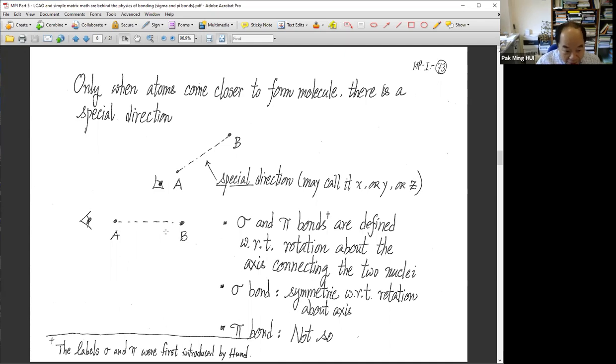And it is this direction with respect to which we will consider whether, when we rotate the charge distribution of the electrons around this direction, so we have a direction, the axis of rotation, we could rotate it and see whether the charge distribution has this symmetry, okay? If it does, it is sigma. If it doesn't, it is pi. That's it.